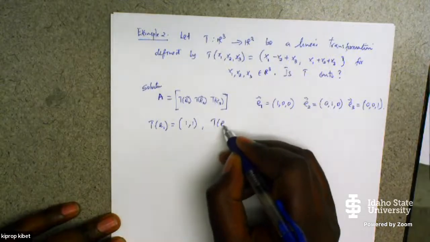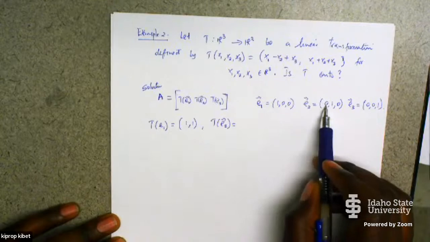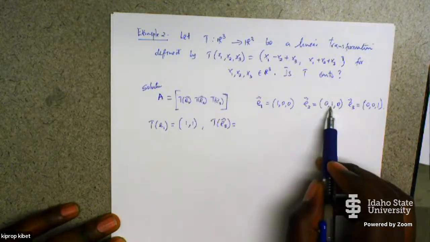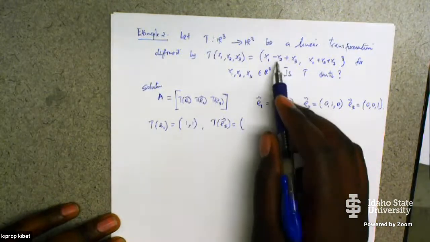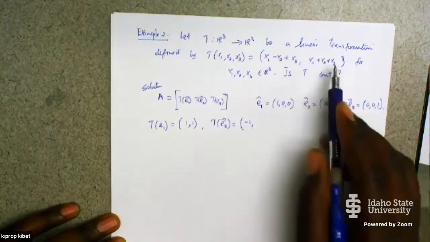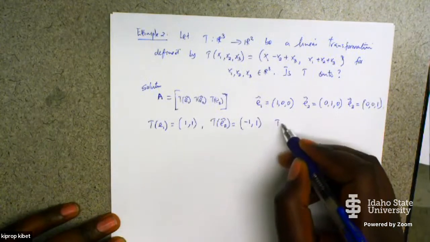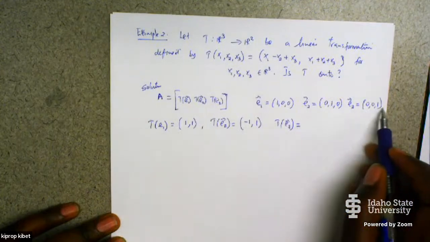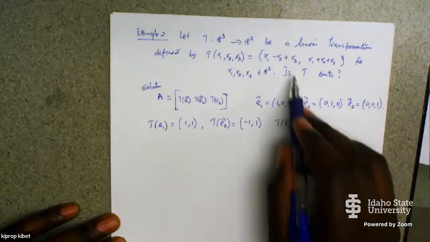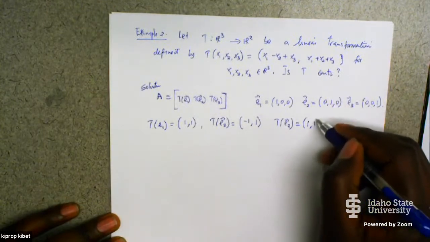T of E2 is now equal to, this is 0, 1, 0. So x2 is 1. So here it is -1, and then x2 here is 1, so it is 1 there. And then finally, T of E3, the last one, x3 is 1. So 1, and then here is 1.